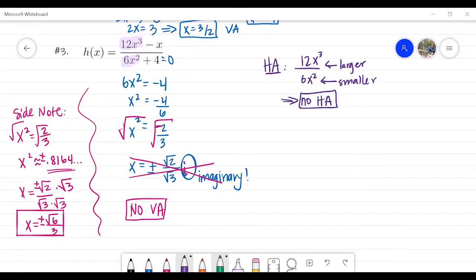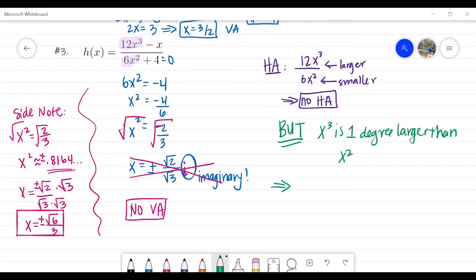But if the degree is one larger, x cubed is 1 degree larger than x squared, which means that we could have an oblique asymptote, right? So in order to figure this out, you divide the denominator into the numerator, and we cannot use synthetic here because this is degree 2. If it was linear, we could get away with it, but we can't.